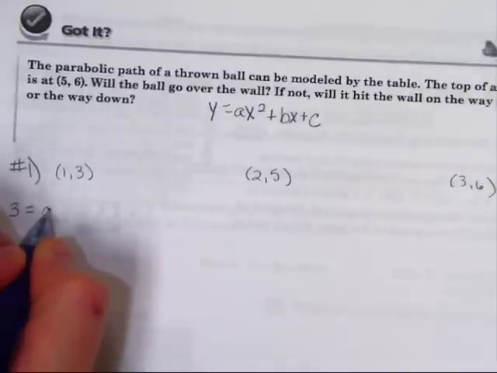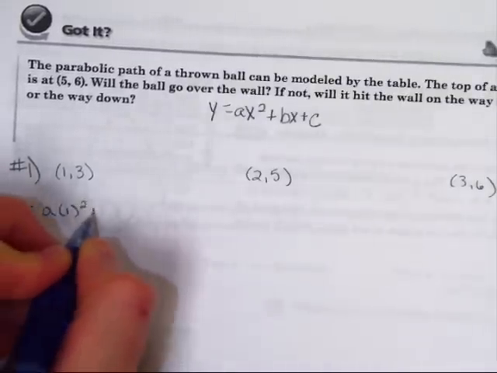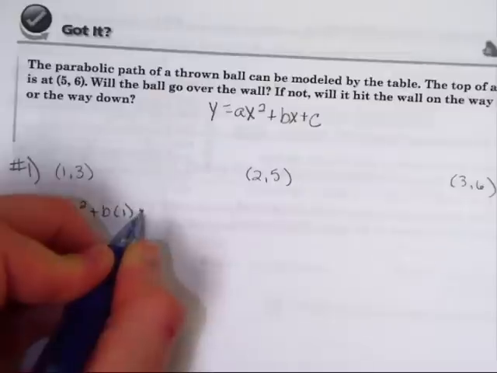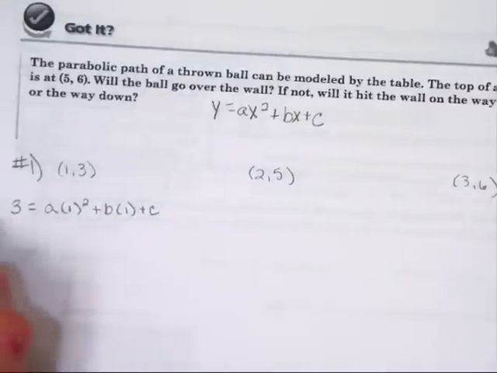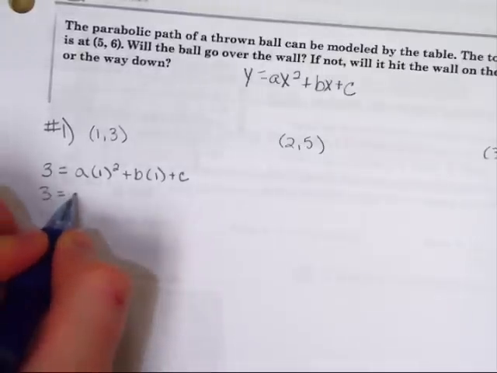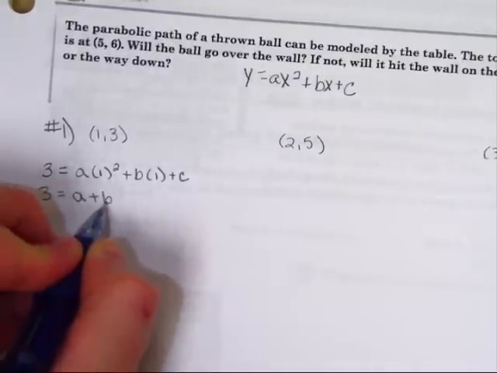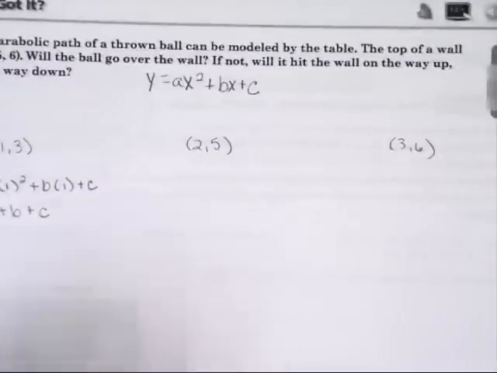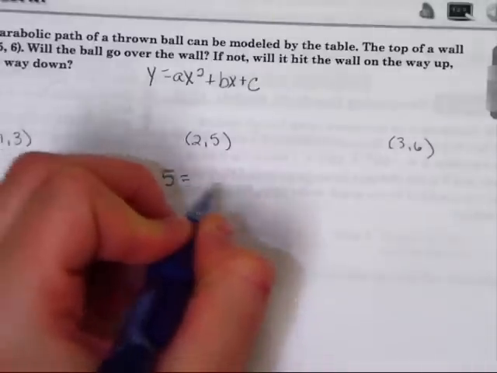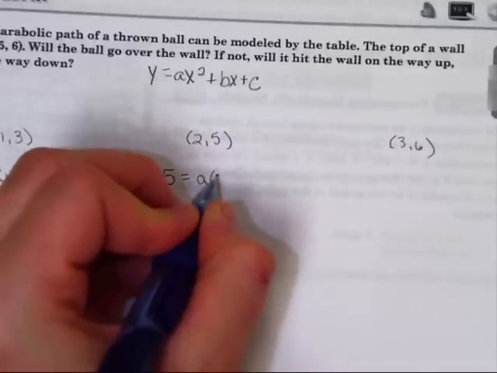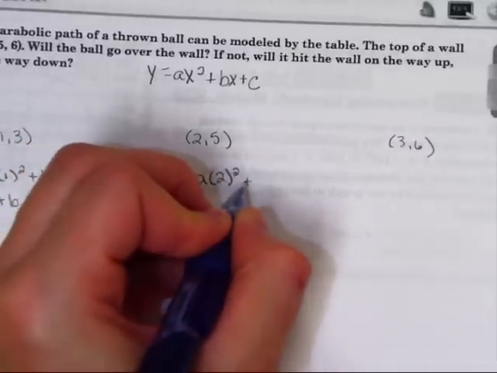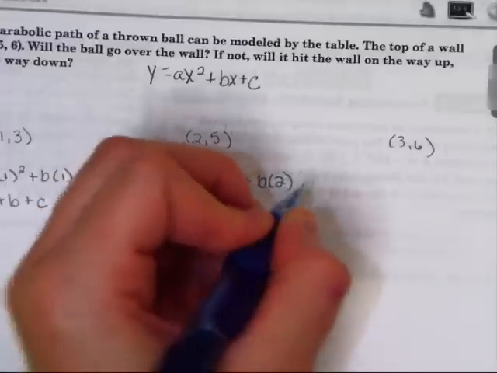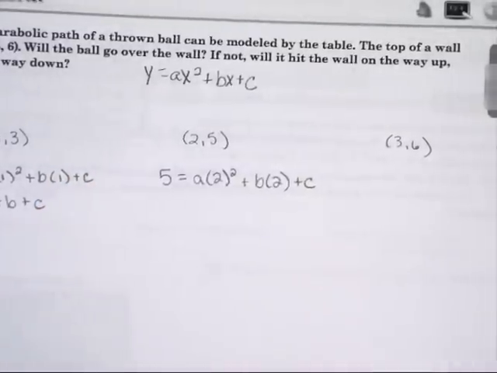3 equals a times 1 squared plus b times 1 plus c. Simplify: 3 equals 1a plus 1b plus c. Didn't get an answer, so we've got to keep moving. 5 equals a times 2 squared, because of ax squared, plus b times 2, because of bx, plus c.